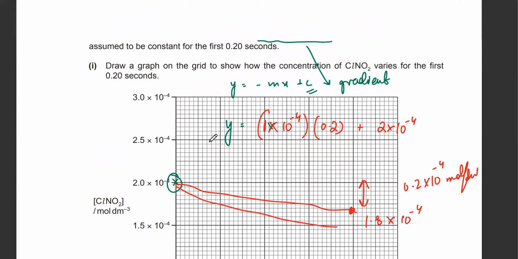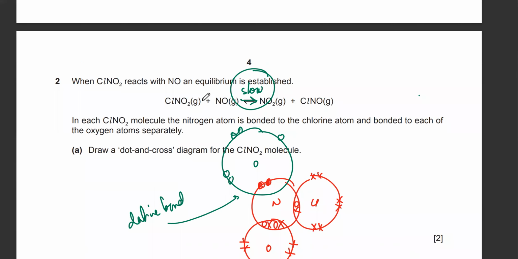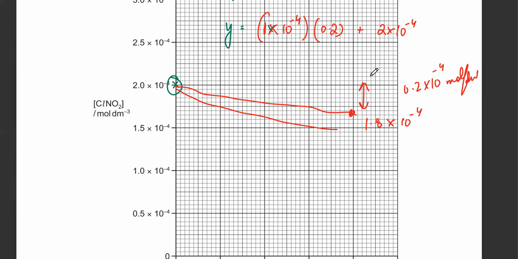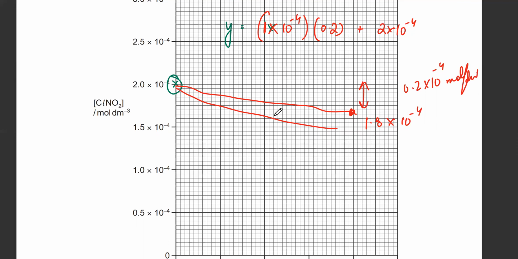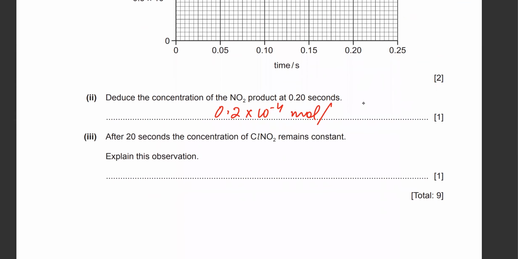So all of the reactant must have changed into product. If ClNO2 decreases, NO2 is formed. It's 1:1, so the amount of NO2 formed would be exactly the same. So the product would be 0.2 times 10 power minus 4. Is this also clear?